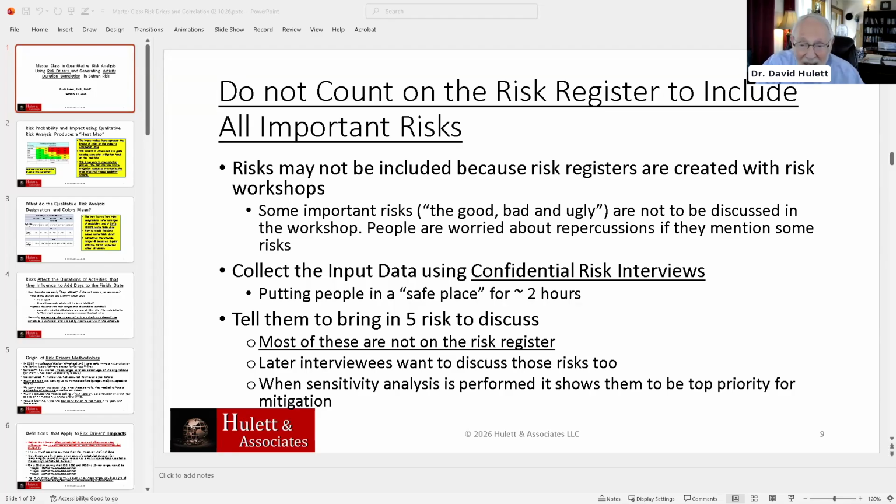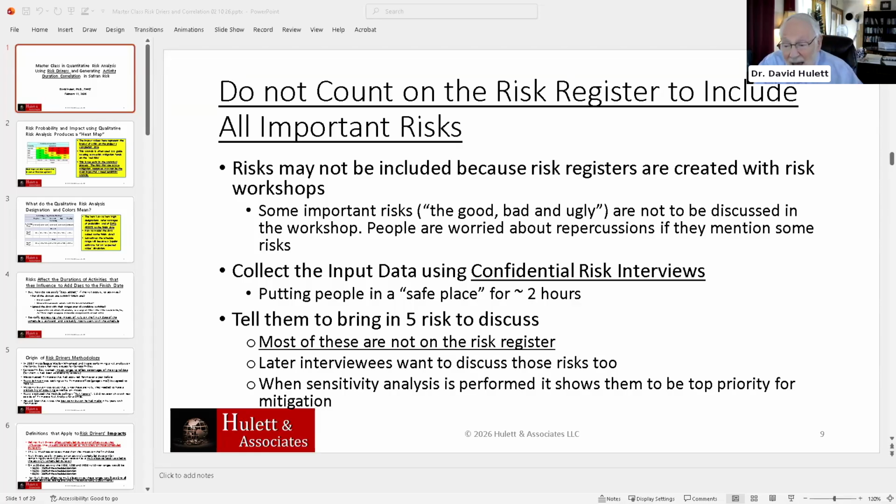In fact, every single time, when we do some data collection on the risks, and this is on the risk register, maybe developed in Microsoft Excel or Active Risk Manager or some other program, maybe Safran Risk Manager, I find that the risk registers do not include some of the most important risks.